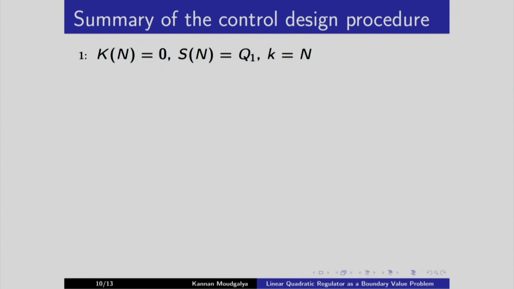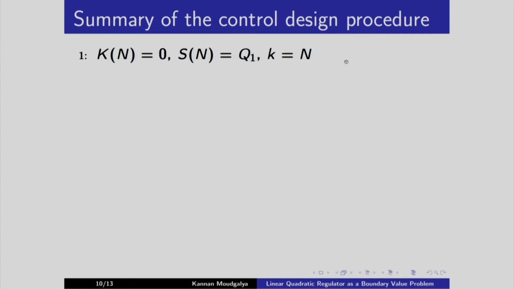With this we are ready to summarize the control design procedure. It may be difficult to remember all the expressions, just go back and see whatever you have noted down that was written in red. You will see all the equations here.